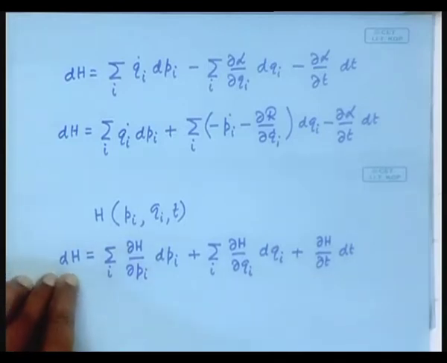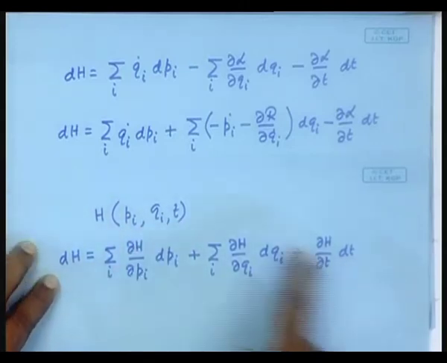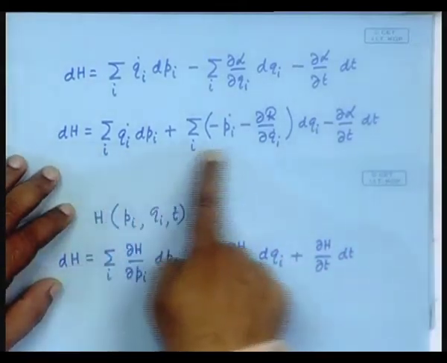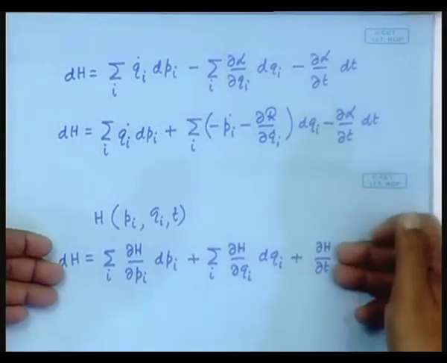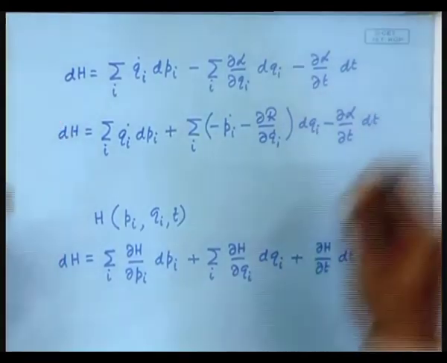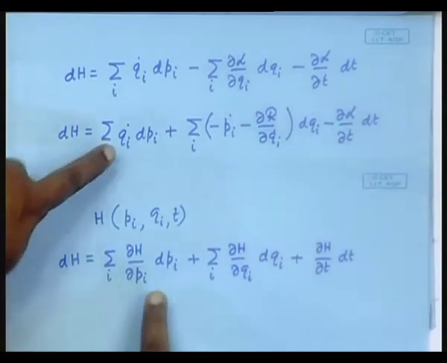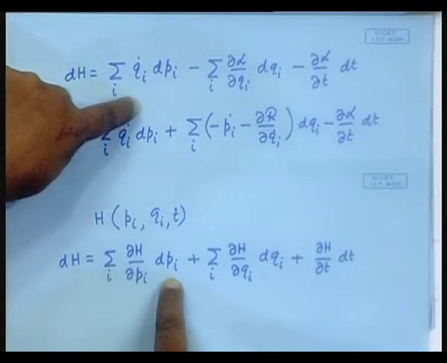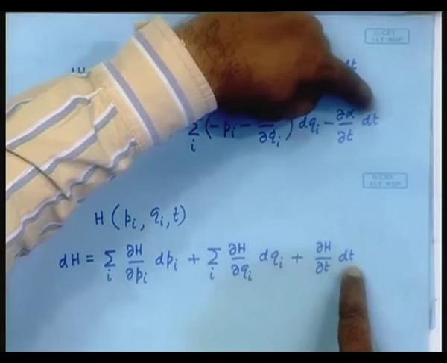In this case, we had stated that H is dependent on pi, qi, t, and we had expanded this, and in this case we had written that that is also the Lagrangian function, and therefore, we have expanded that. In one case we had obtained this, another case we had obtained that. Now, notice that they are almost the same, only here is a term that summed over i pi term, summed over i qi term, summed over i t term.